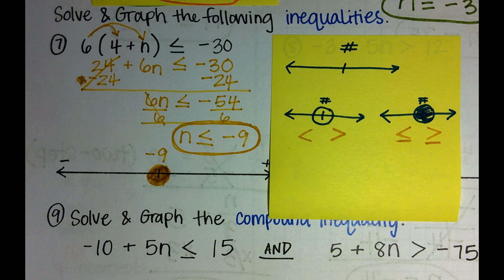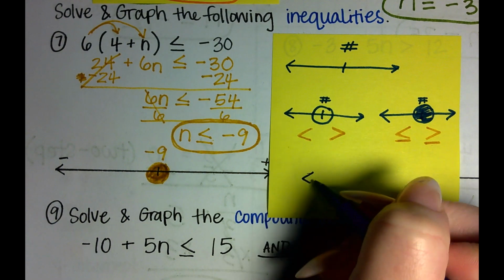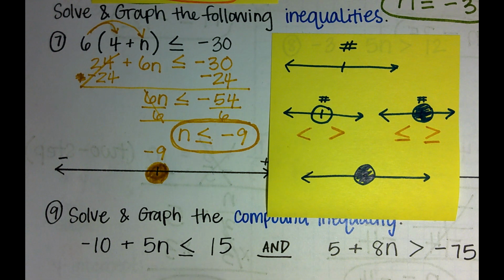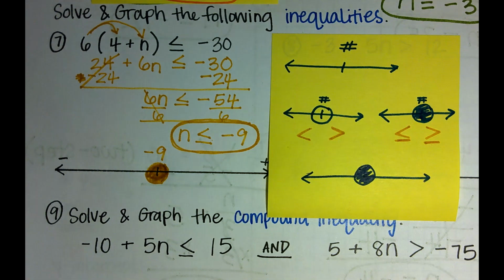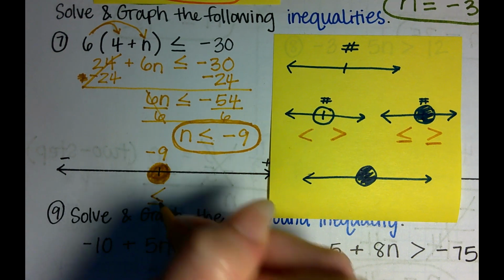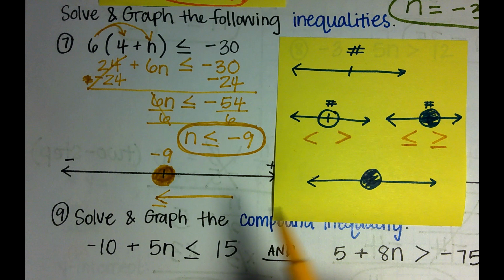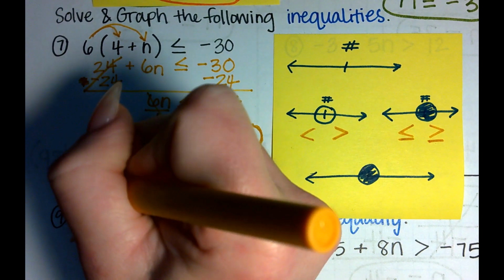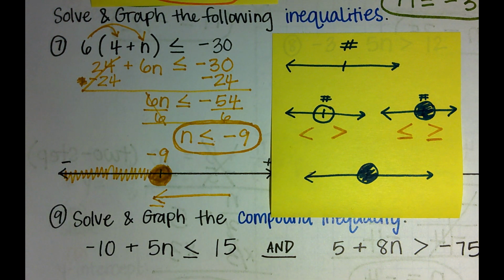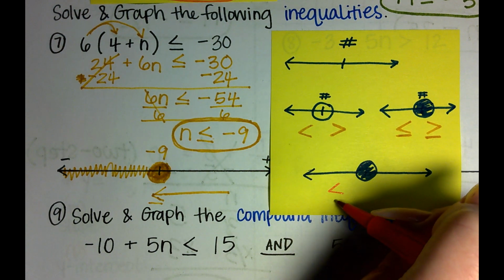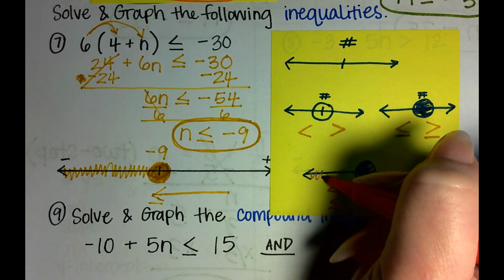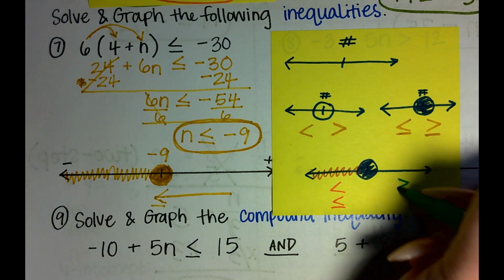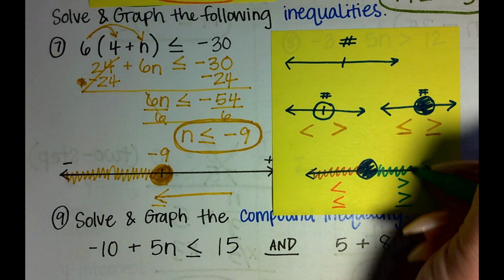And what's the last thing that we need to decide? Shade to the left. Yes, the shading direction. Because it is less than or equal to, my sign is pointing, if I made it an arrow, to the left. So we shade to the left. Less than or equal to, that's when we shade this way. My greater than or equal to, we shade this way.